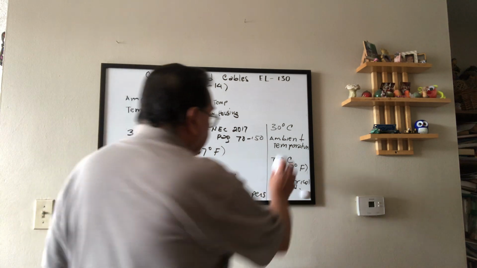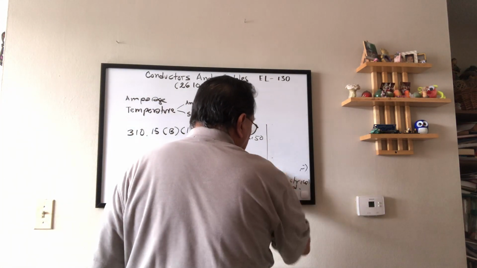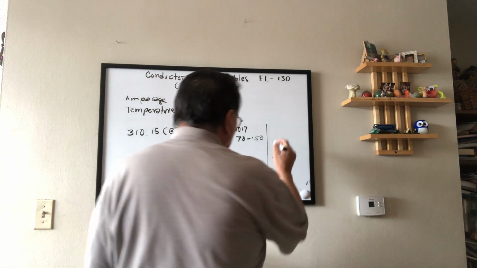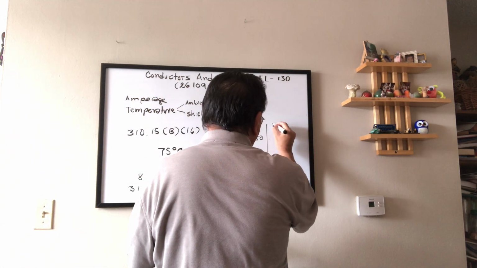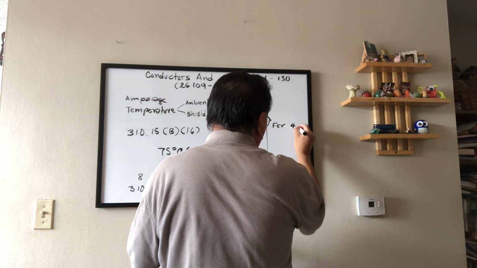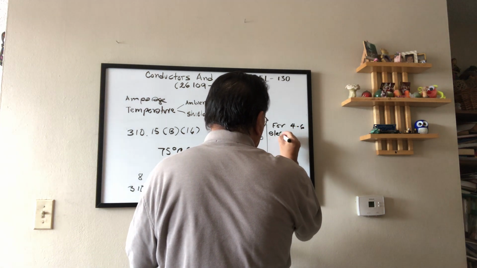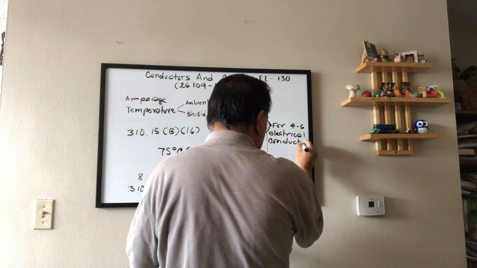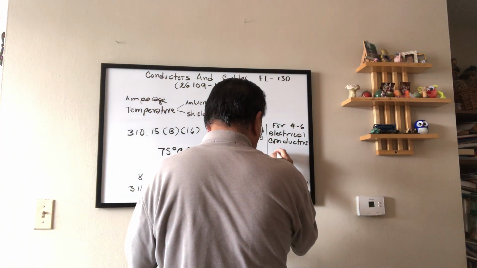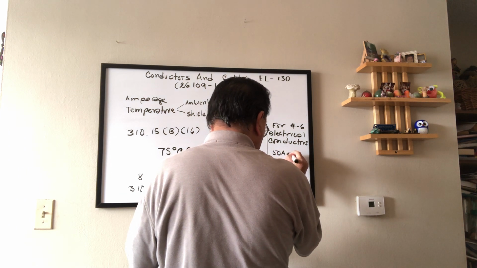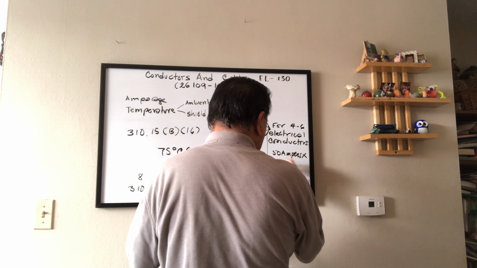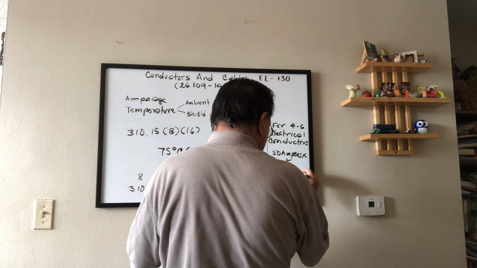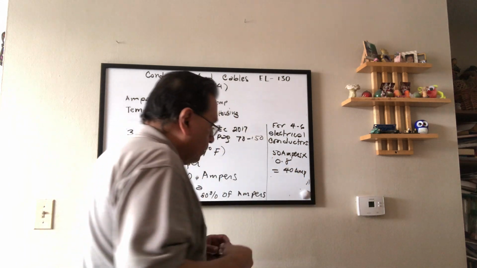So let me erase this section, and then put here: I multiply for 4 to 6 electrical conductors, 50 amperes times 0.8, and this is equal to 40 amperes.